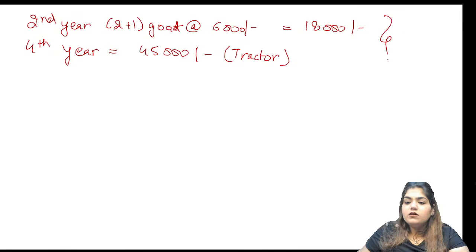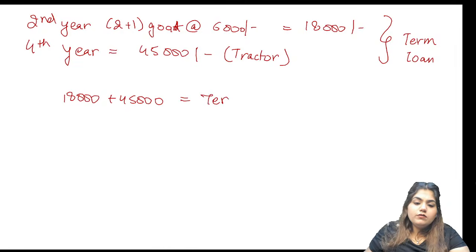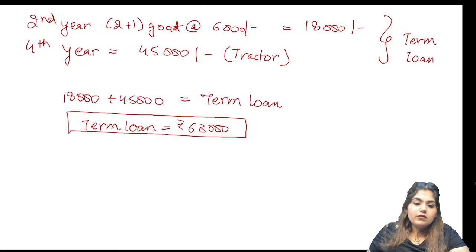They are the term loans. वो तो working capital loan था. These are term loan. So 18,000 plus 45,000 is equals to term loan, which will be equal to 63,000 rupees.